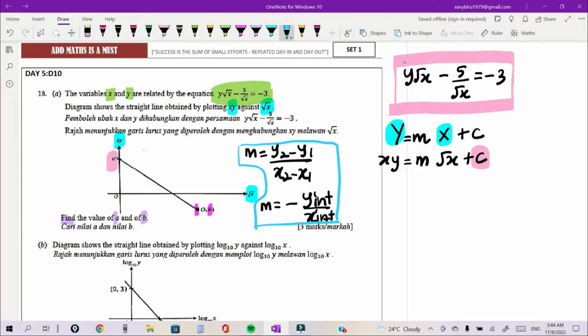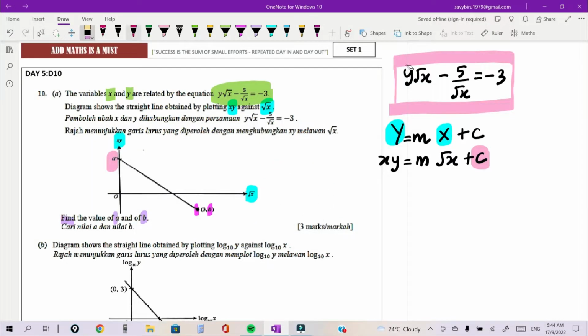Okay, next, the second step when you get a question is to determine or calculate the y-intercept. In this case it's the same, the y-intercept is not given. So the third step, when there's no gradient and no y-intercept, is that we have to convert the non-linear equation to a linear equation.